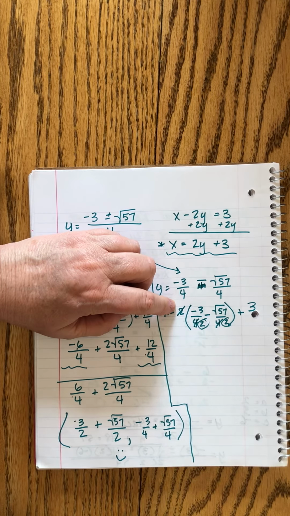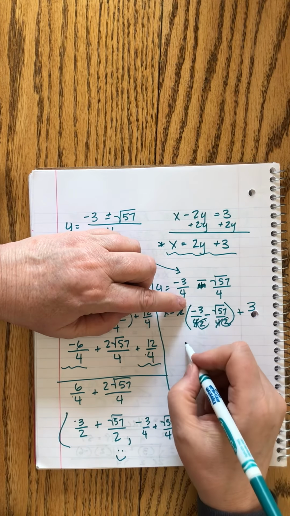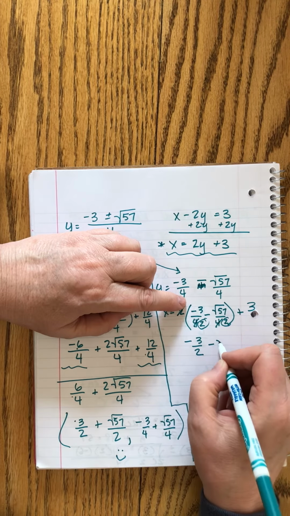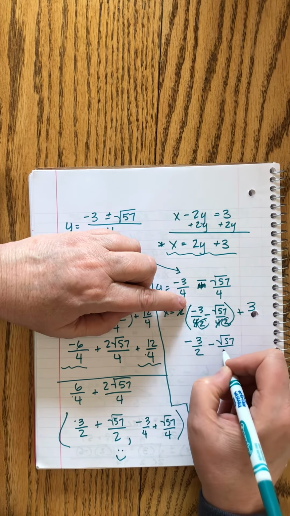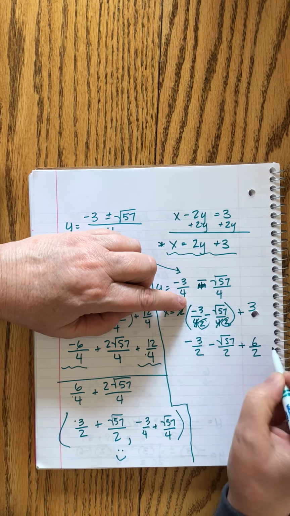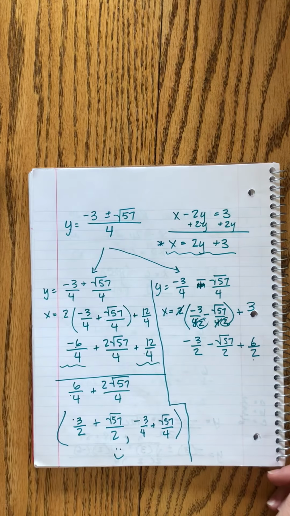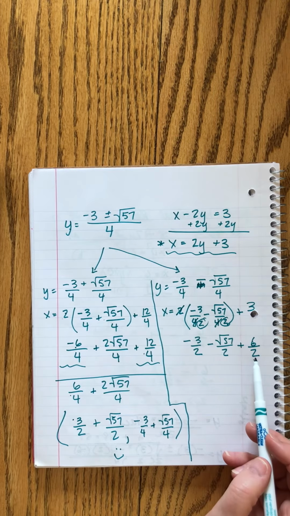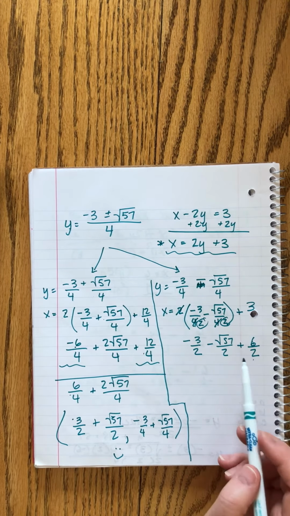That makes it fair. Okay, so now I've got minus 3 over 2 minus square root of 57 over 2, and now I'm going to change this to 6 over 2. That is still equal to 3. But I waited to fix my denominators, and then I used the denominator that matches to these guys.